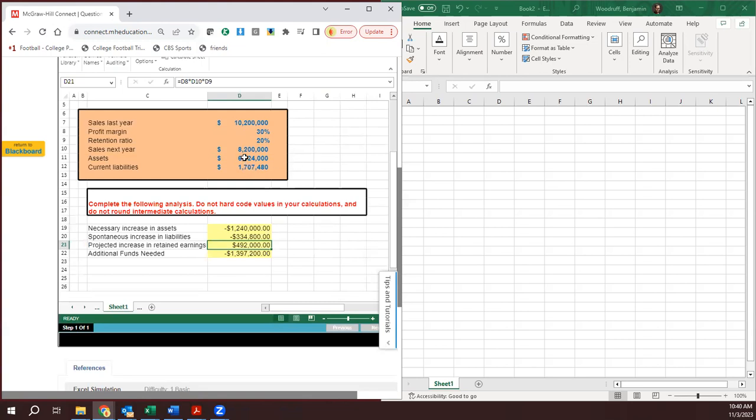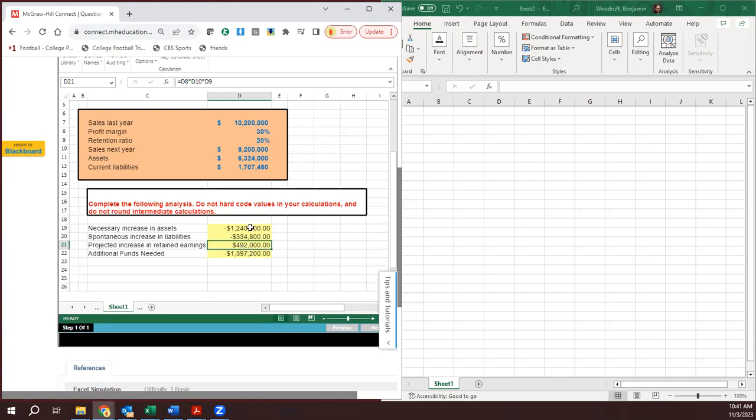So I brought in this 8.2 million, but since only 30% of that was net income, the rest of it was me paying for all my operations and such. And then only 20% of that I kept, the other 80% I paid out in dividends. But what that means is I'm going to retain within the firm $492,000.